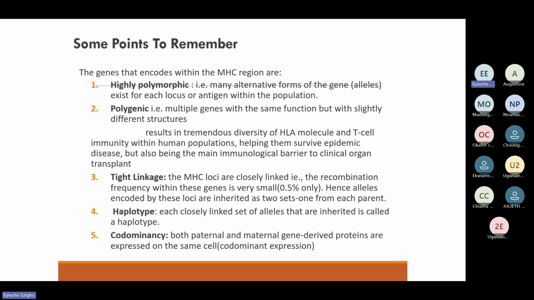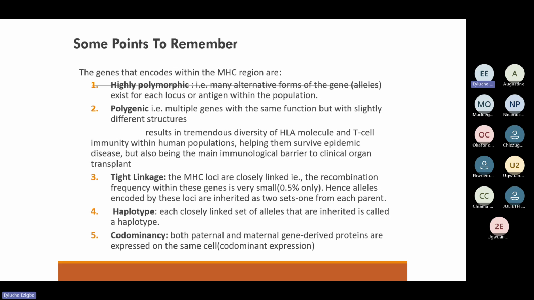That is, many alternative forms of the gene, alleles, exist for each locus or antigen within the population. Number two, they are polygenic, that is, multiple genes with the same function but with slightly different structure.